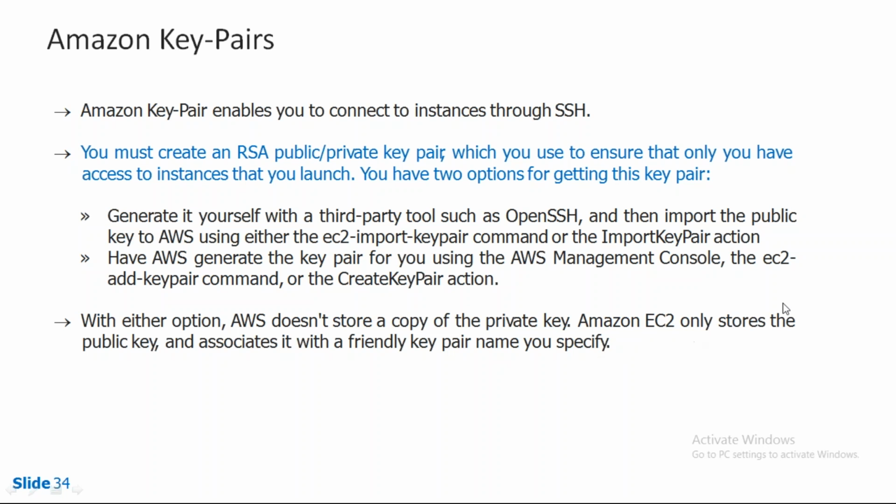Amazon EC2 only stores the public key and associates it with a friendly key pair name you specify. So a private key will always be stored in your private location and should be safely stored. Once you lose that private key, then you lost your server. You will not be able to connect to it anymore.